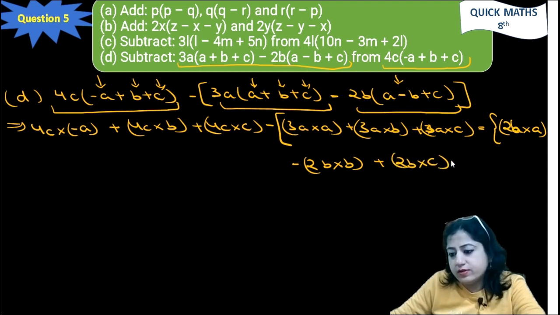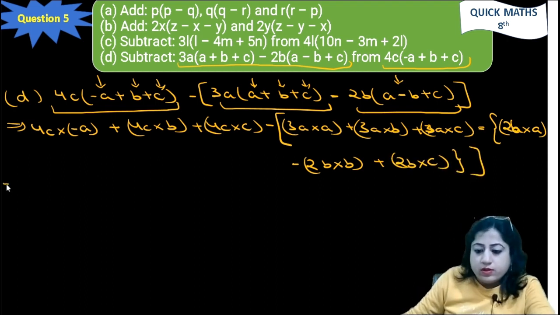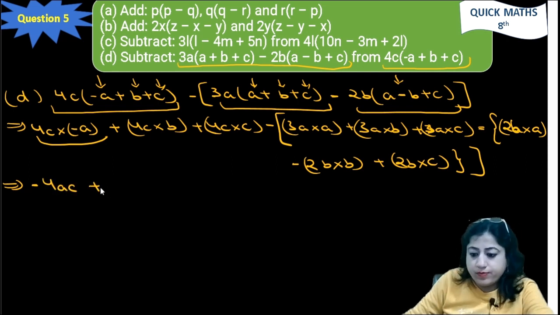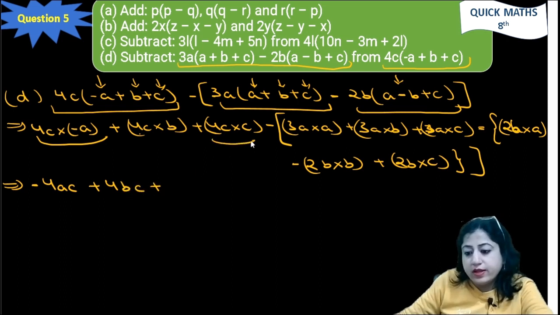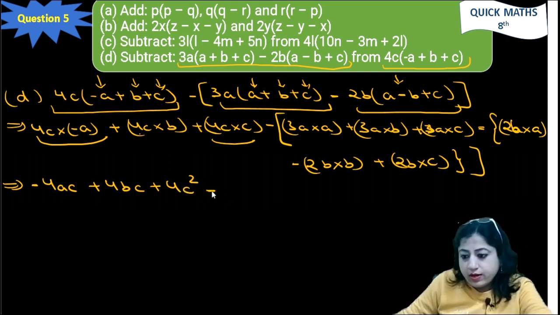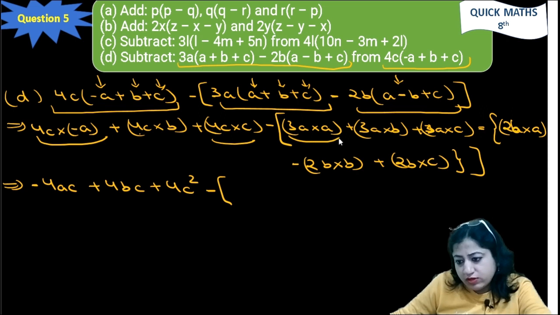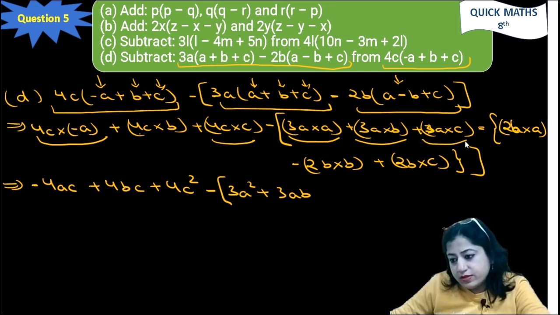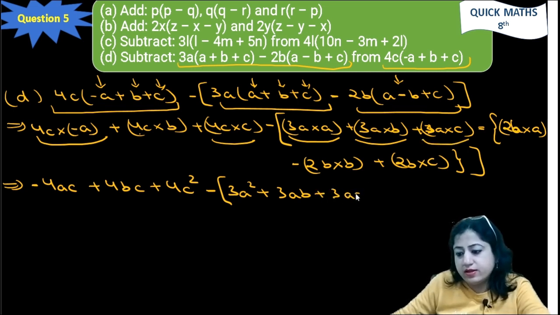2b multiplied with c. Now 4c multiplied with minus a will become minus 4ac, plus 4c multiplied with b will be 4bc, plus 4c into c means c square. Now minus and bracket. We will solve the bracket first, then apply the sign. Now 3a multiplied with a means 3a square, plus 3a multiplied with b, that is 3ab, plus 3a multiplied with c, that is 3ac.